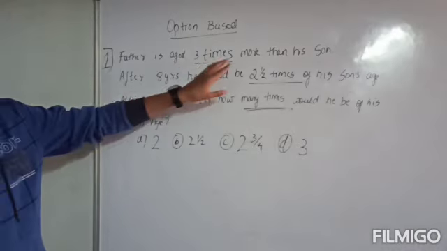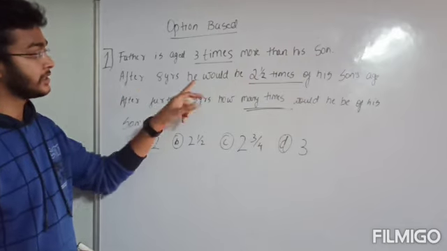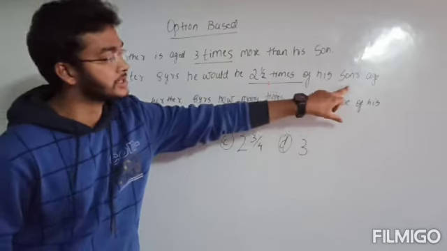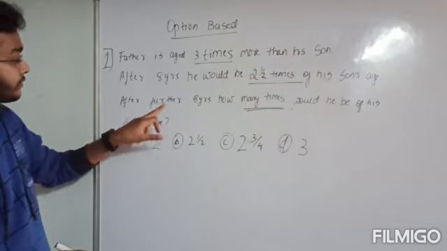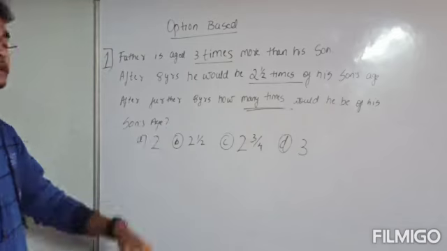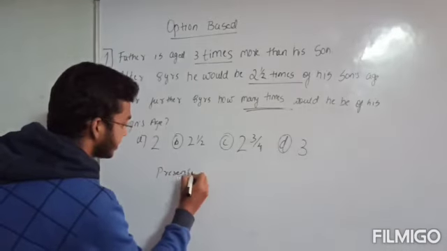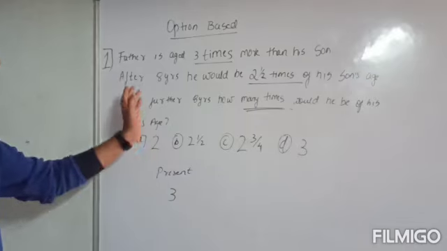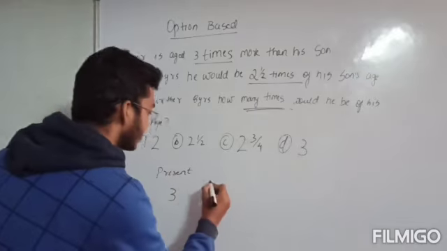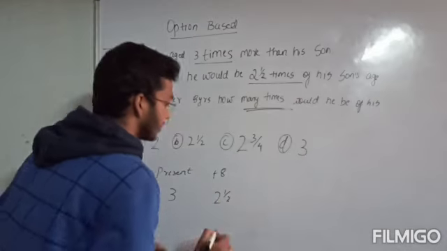Father is aged 3 times more than his son. So after 8 years, he would be 2.5 times of his son. Okay. After a further 8 years, how many times would he be of his son's age? At present, he is 3 times of his son. Further, if we move 8 years forward, then he will be 2.5 times of his son.